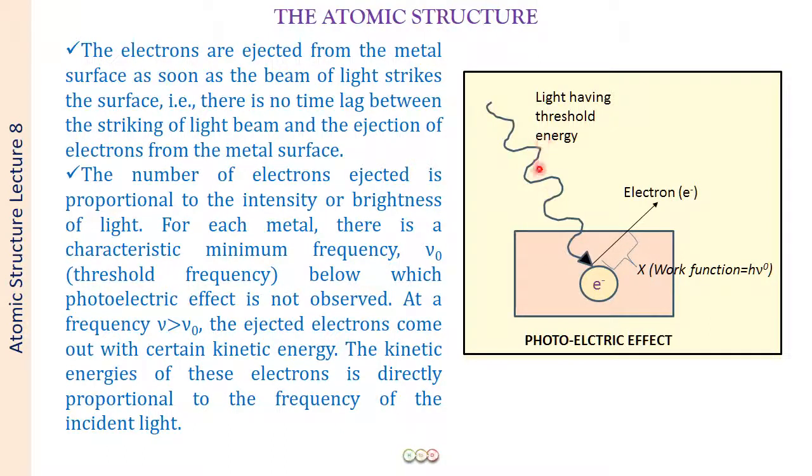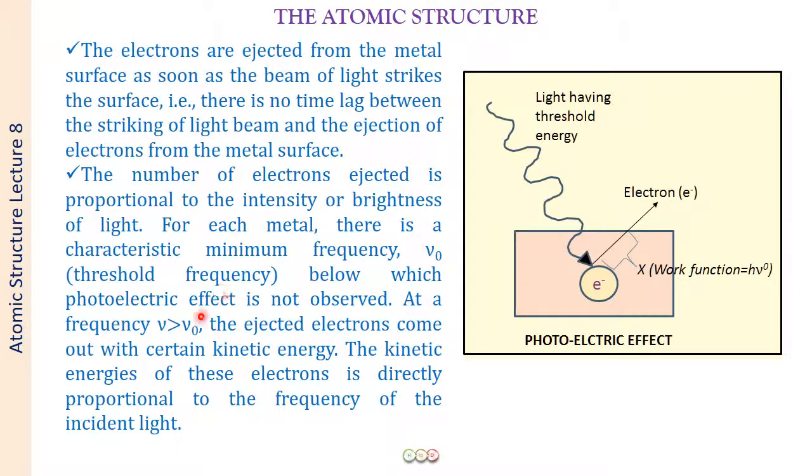So we have a light of threshold energy that can break these electrons' bonds to the metal surface, and if this energy is more than the threshold energy of the metal, then the electrons are going to be emitted out.